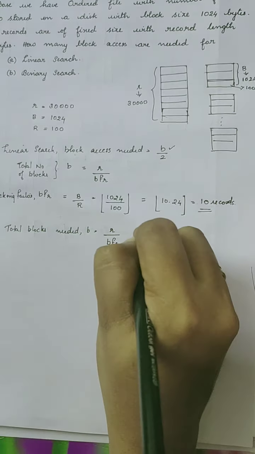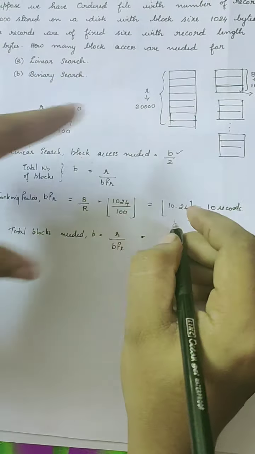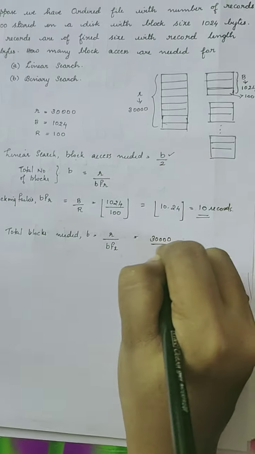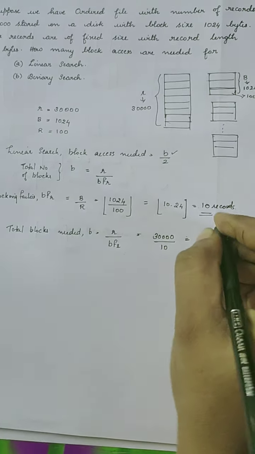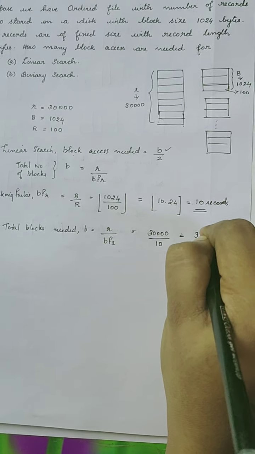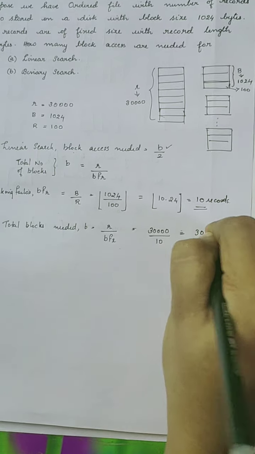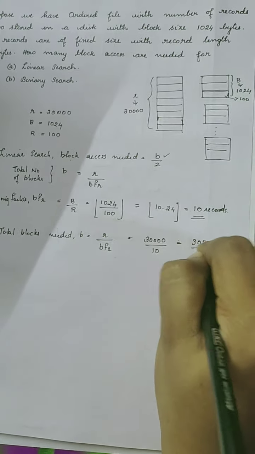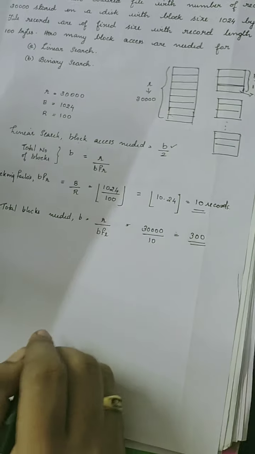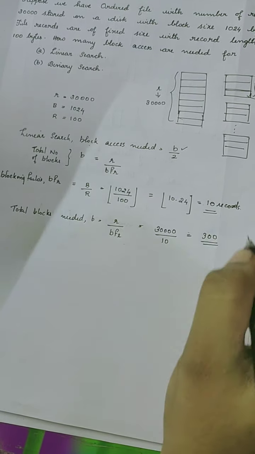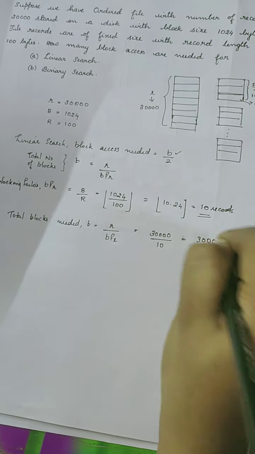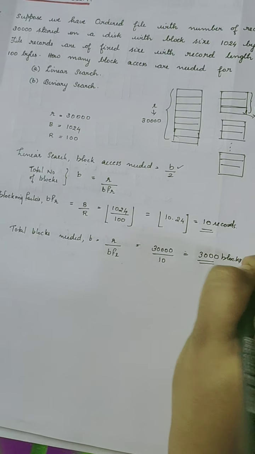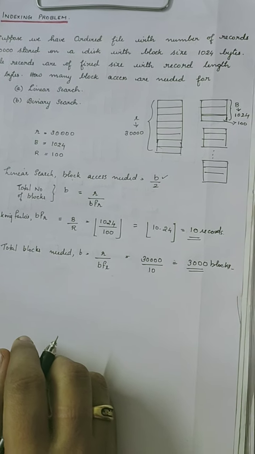The total number of records is 30,000, divided by the blocking factor 10, which is equal to 3,000. So 3,000 blocks are needed to store this entire 30,000 records.